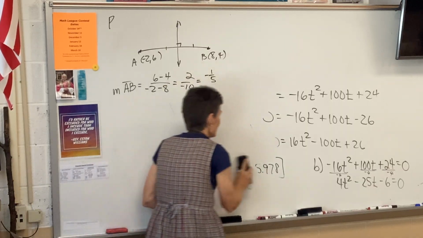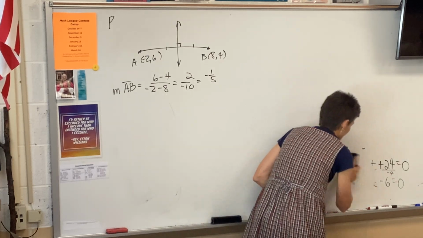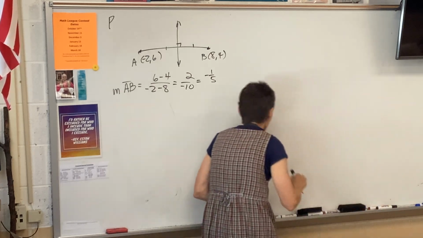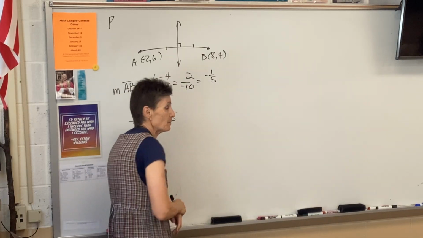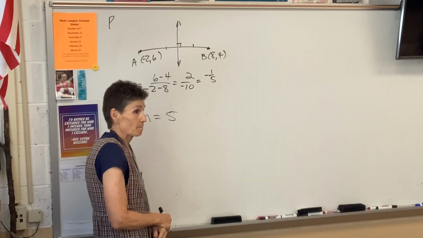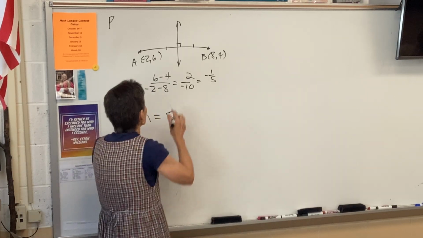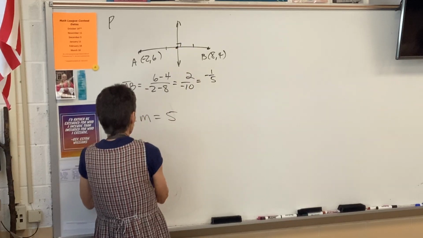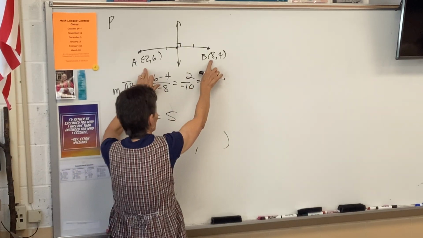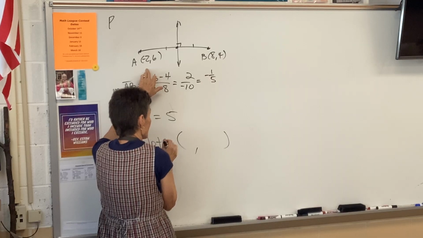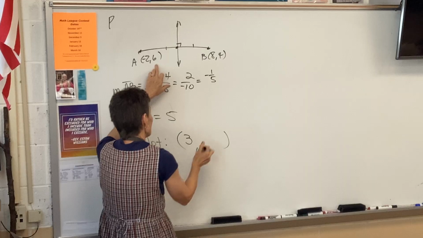So what does that mean about the line I'm looking for? It would be 5. So my perpendicular slope is going to be 5. Okay. What else do I need? Midpoint, because you're going to bisect, you're going to cut in half. So the midpoint is the average. So negative 2 and 8 is 6 divided by 2 is 3. 6 and 4 is 10 divided by 2 is 5.